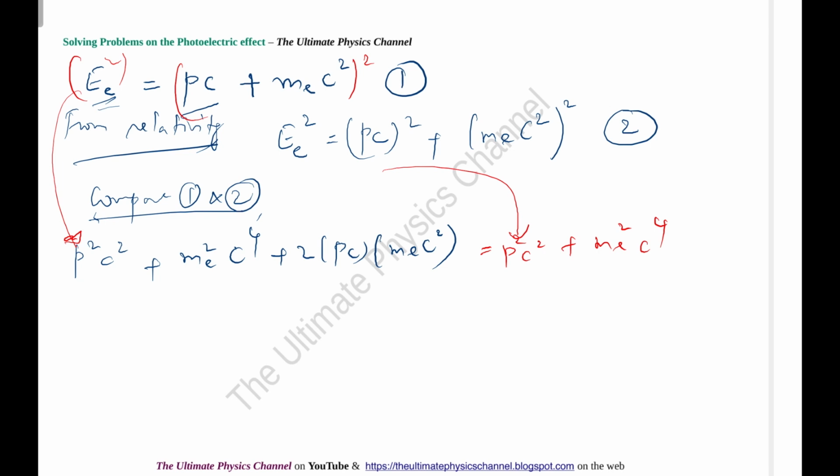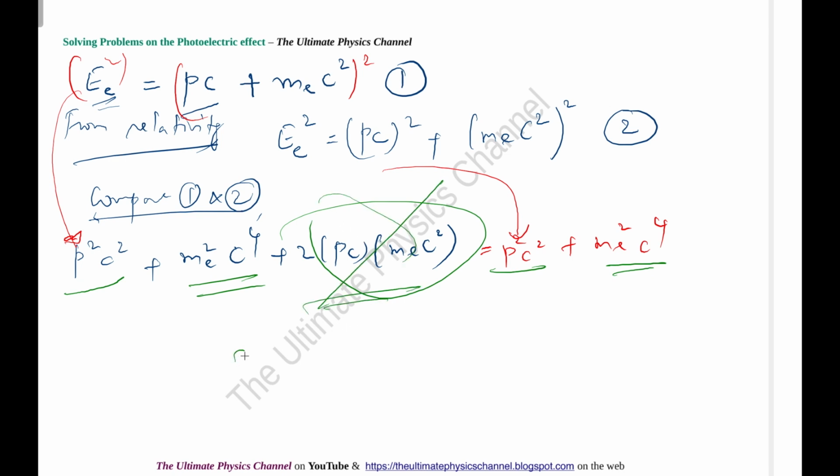Now if you compare, you have this term, fine, you have this term, okay, but this is an extra term. And that tells us that our assumption that a free electron takes both energy and momentum from the photon must be wrong, because of the extra term which we cannot account for by assuming the photon is able to transfer both its energy and momentum to a free electron.